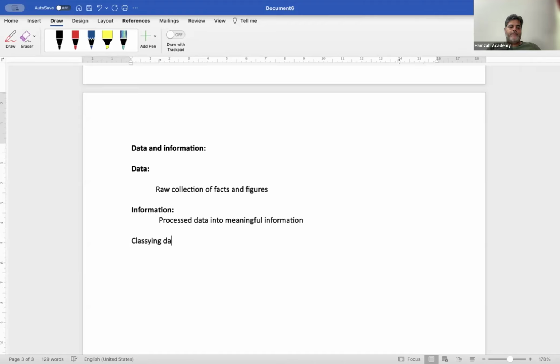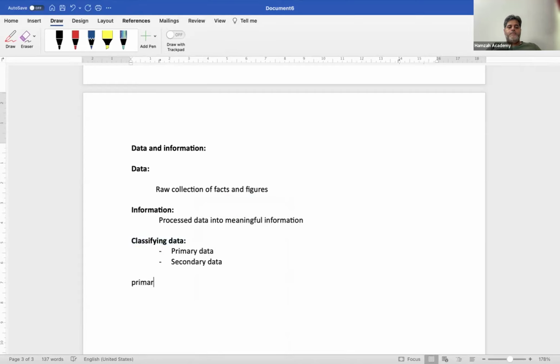Then we have classifying data. As far as classifying data is concerned, we can classify it into primary data, and then we can do it into secondary data as well. So basically this is how the classification is done.